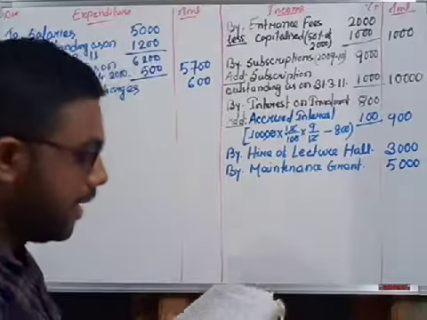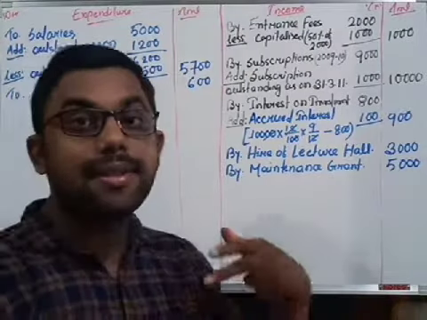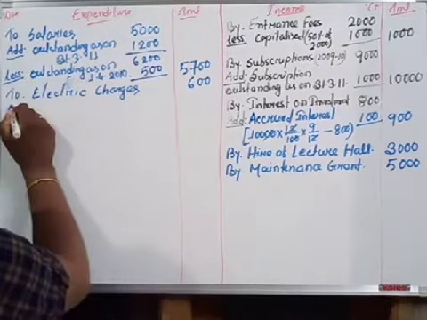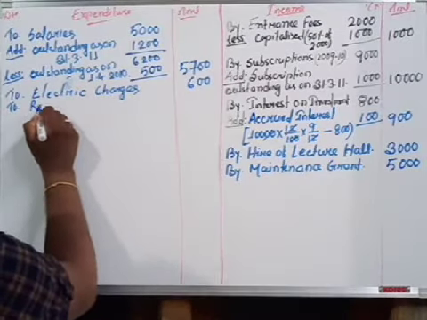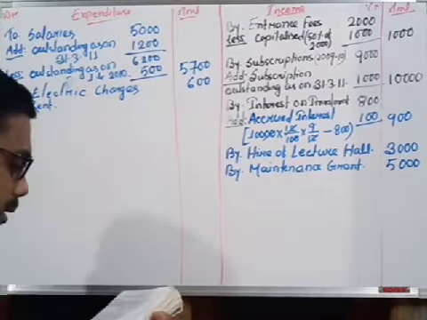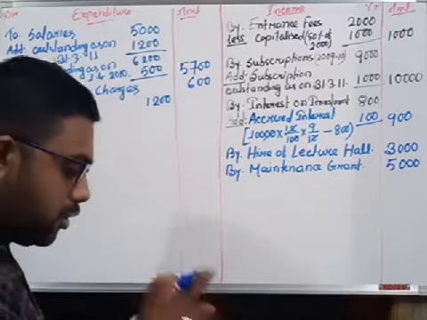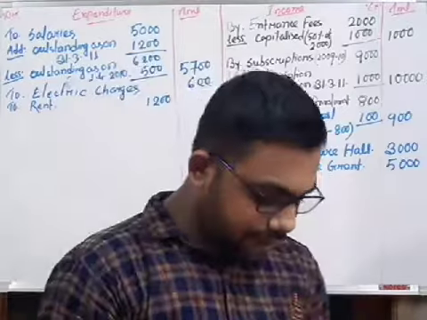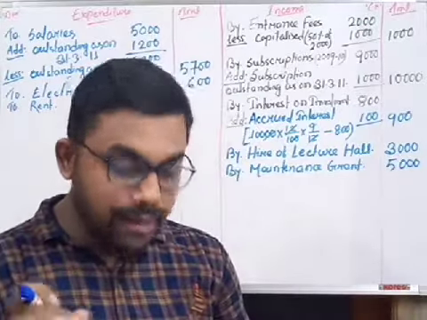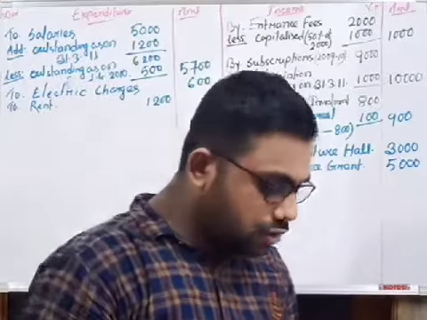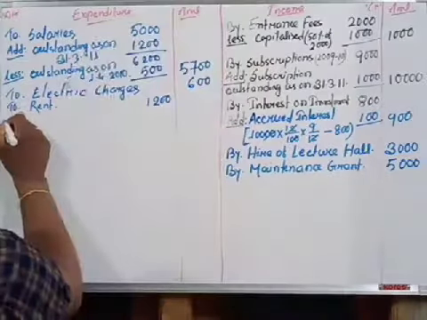Next, rent. Regarding rent, there is another additional information, so the amount of rent we have to write in the inner column. To rent, the value is 1200. In additional information number 1, on 31st March 2011, rent and salary outstanding. That means there is also outstanding rent and the amount is rupees 800. Add.